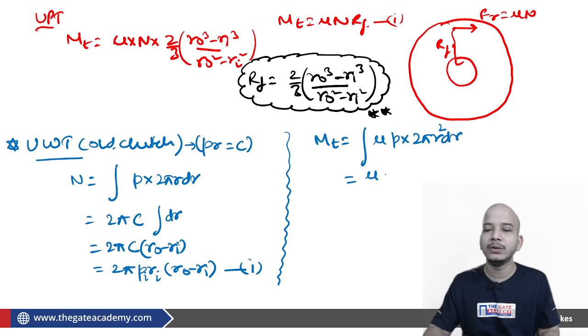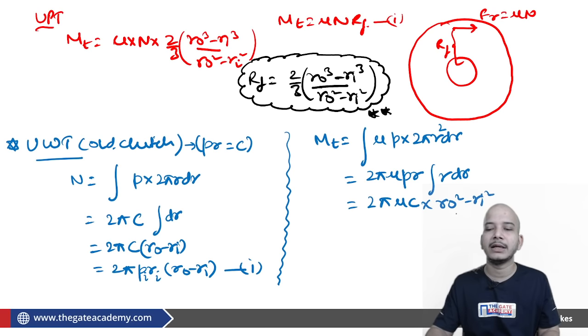So mu into 2 pi R dr. So this will become equal to R square minus R square by 2. 2 pi mu into C into R square minus R square by 2.